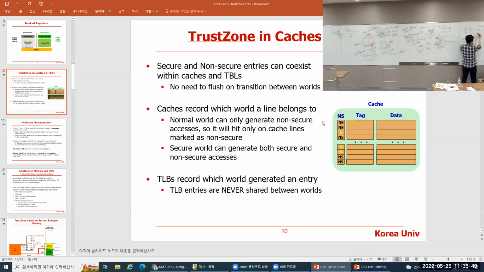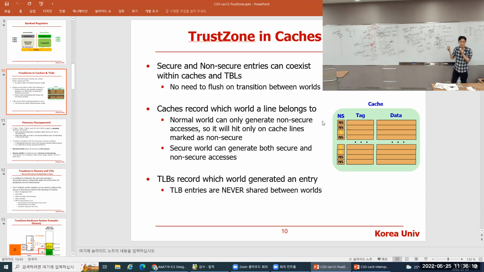One more field is valid, whether this cache entry is valid or not. Then in a data cache, you have a dirty bit. If you update this cache entry, then the dirty bit is set to 1, so that data will eventually be updated to main memory. That is a typical cache structure.